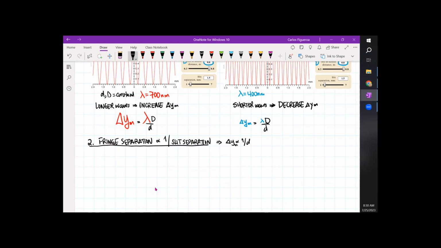Question: how does the fringe separation behave as little d changes? Well, if it's inversely proportional, we can see here that if I have a smaller slit separation, in other words my little d is tiny, then I should have a larger fringe separation.